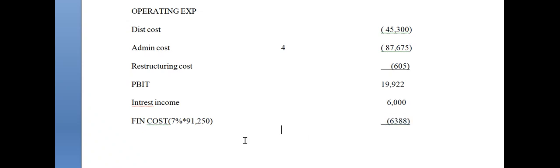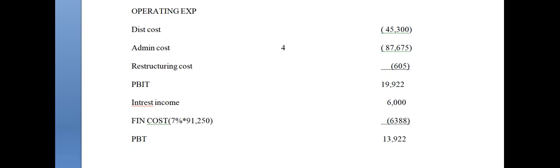Go ahead, please. Yes. So our profit before tax is what? Go ahead, please. For tax, 13 million 922.